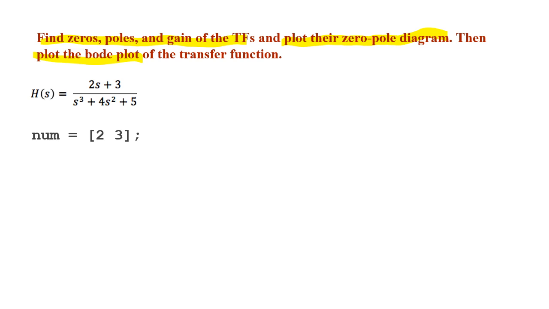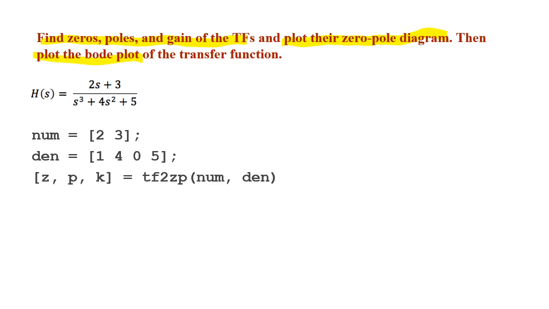Notice that there is no coefficient for s, that means it's 0, so in place of it we're going to put a 0. So to answer all of the 3 parts in the question, it is important that you define the numerator and the denominator arrays first, and then simply for answering the first part, which is finding the zeros, poles, and gain, we can simply call the transfer to zero-pole function, and it takes 2 inputs, the numerator array and the denominator coefficients array.